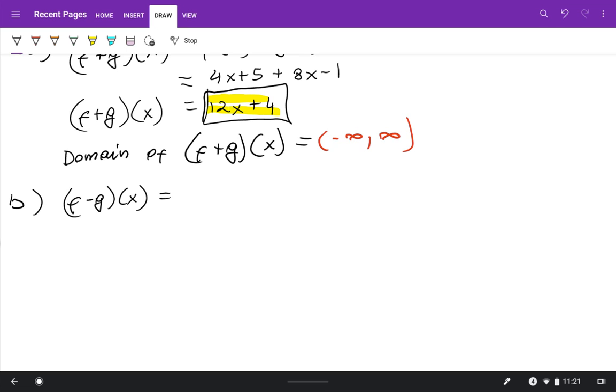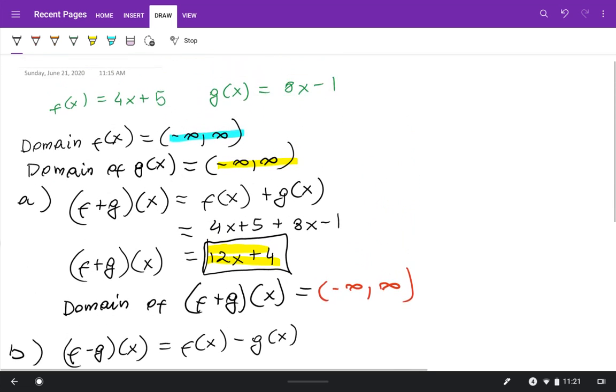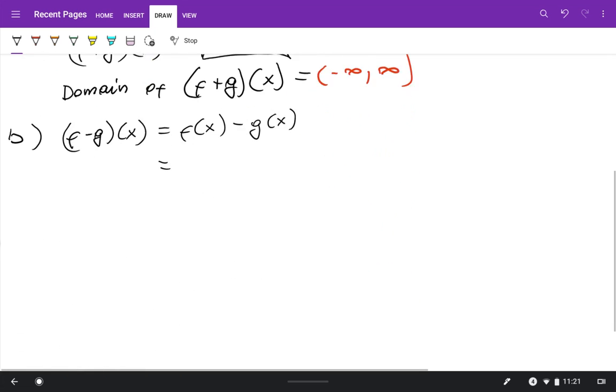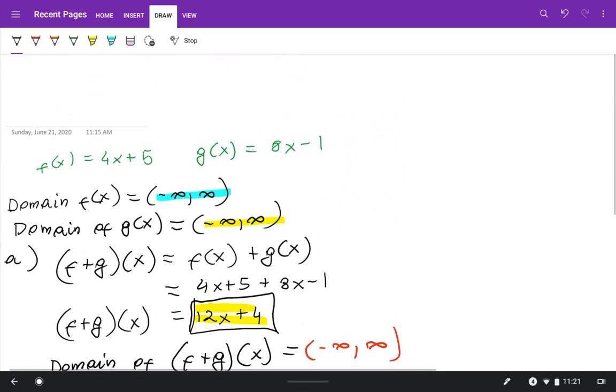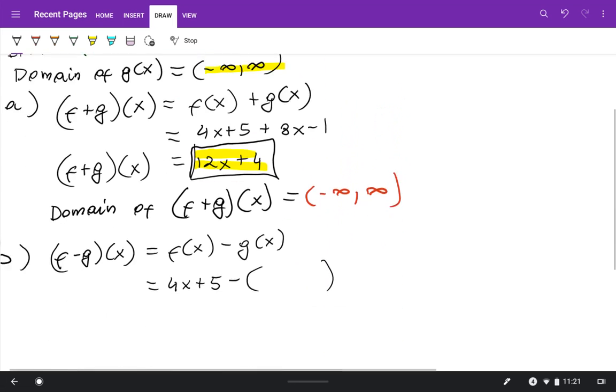So for the difference of two functions, you take the first function, f of x, and subtract from it function g of x. So function f of x has the equation 4x plus 5, minus, and function g of x, put that function in parentheses, it's 8x minus 1.